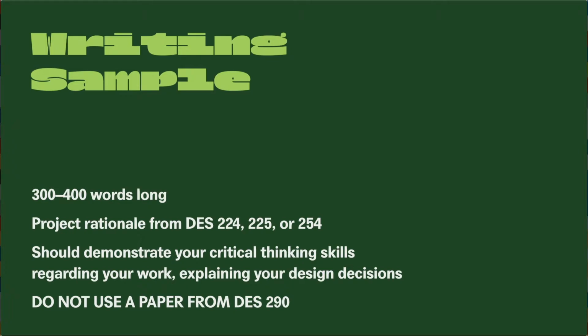There's plenty of web services that do that too. But we ask it to be a project rationale from one of your projects in DES 224, DES 225, or DES 254. That's some of our later classes in the sophomore sequence.